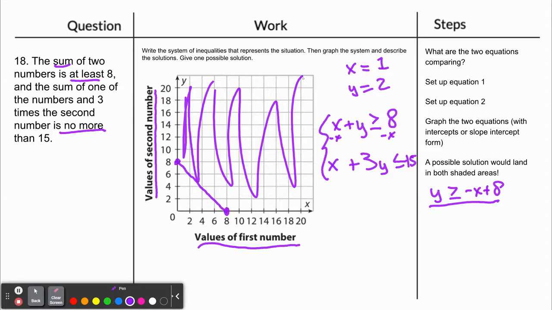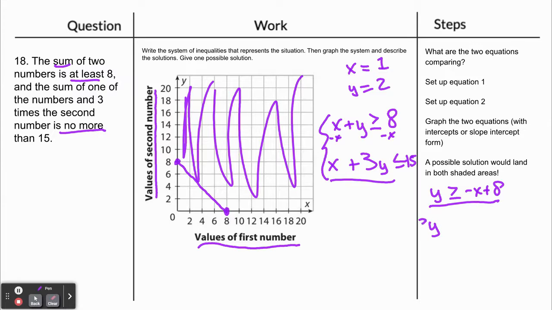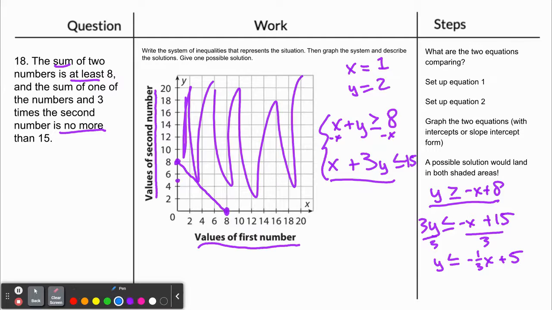Now, the second one here, if I were to solve, I could solve for slope-intercept form, which I would get 3y is less than or equal to negative x plus 15. Divide both sides by 3 and get y is less than or equal to negative 1/3 x plus 5. So I would go up to 5. Oh, I want a different color here.